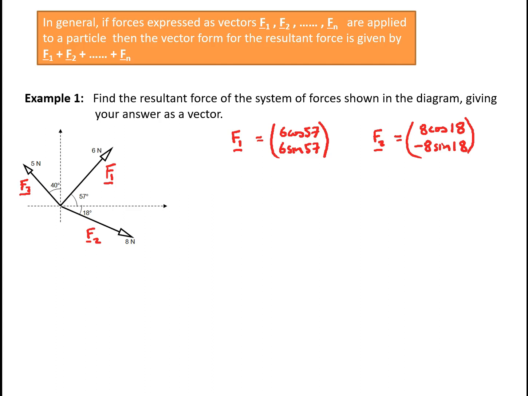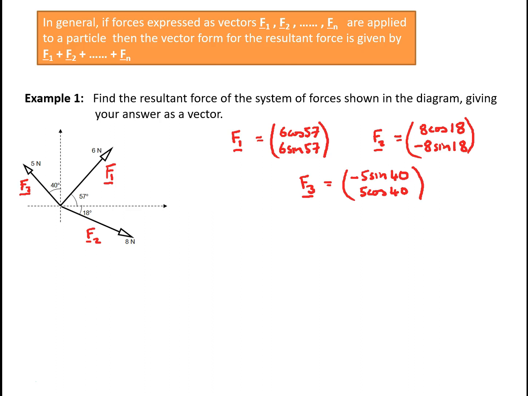And finally, we've got F3, which makes an angle of 40 degrees with the positive y direction. So we can resolve F3 as minus 5 sin 40 in the x direction and 5 cos 40 in the y direction.